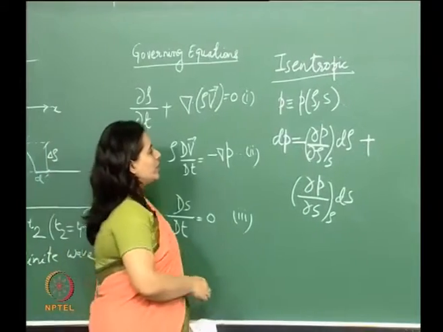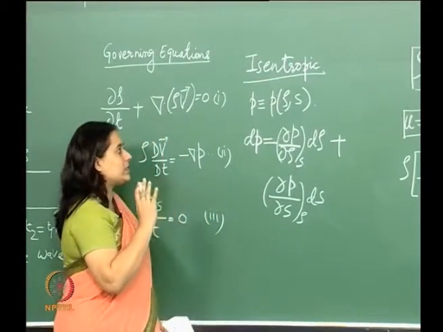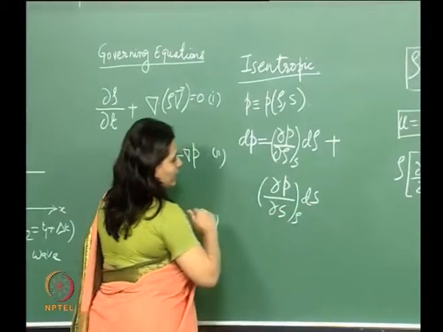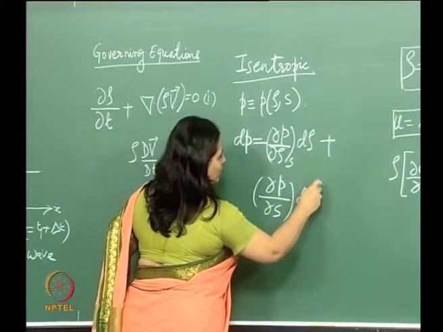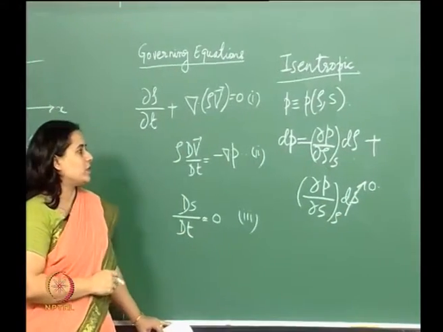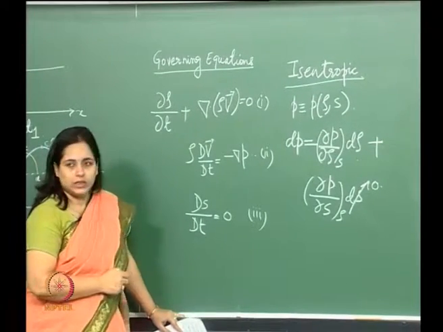Now if it is isentropic, this term should go to 0. So, if this goes to 0, what we are left with is that dP is equal to del P del rho at constant entropy into d rho.